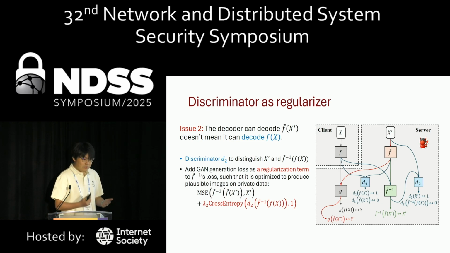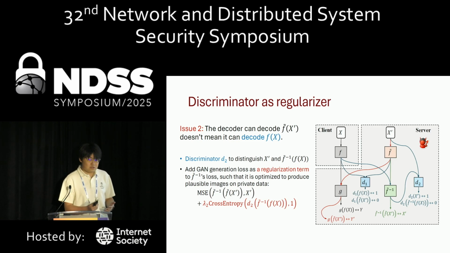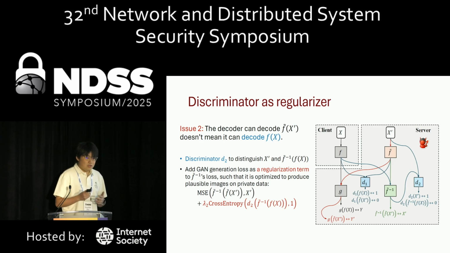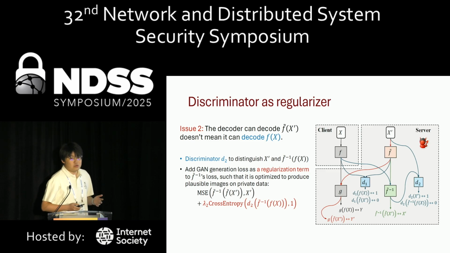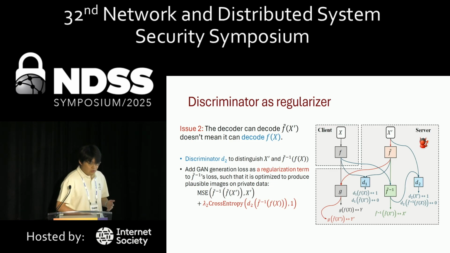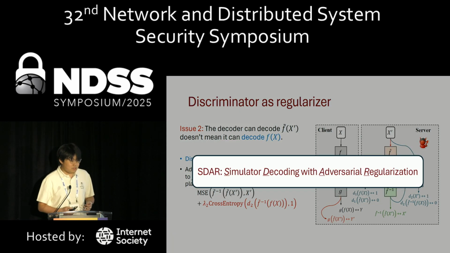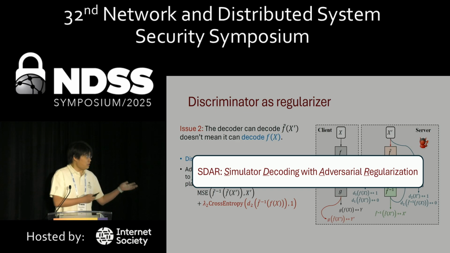And then again, we can add a generator loss as a regularization term when we train this decoder, so that the decoder will be trained to reconstruct plausible images when it tries to decode the client's private images. So together, these two things we call adversarial regularization because it's like GAN style stuff, and we use that as a regularization term in addition to the original simulator training. So we call this simulator decoding with adversarial regularization, or in short, SDAR.